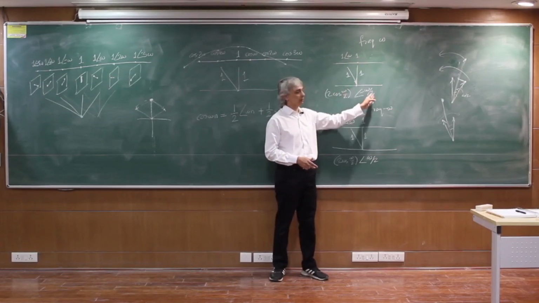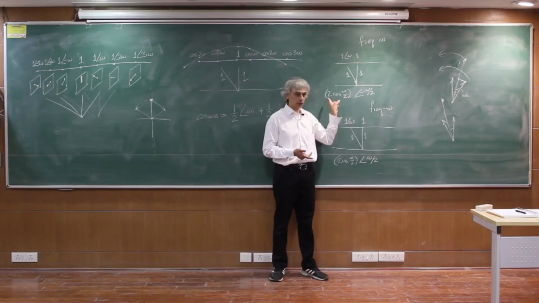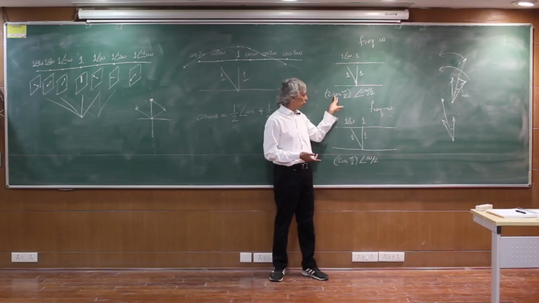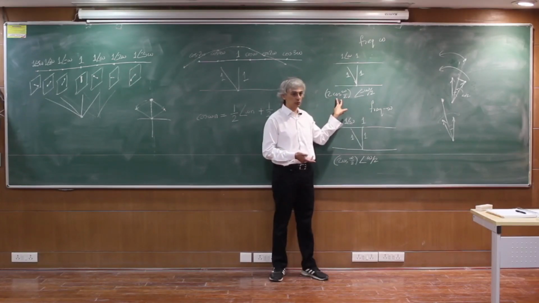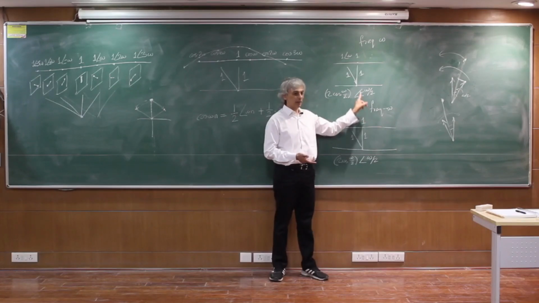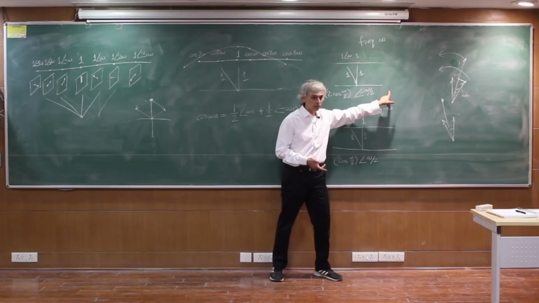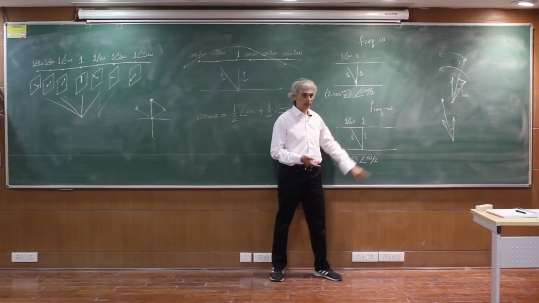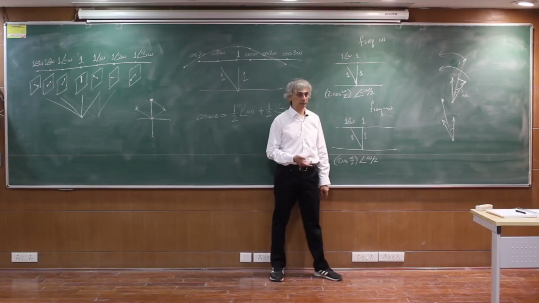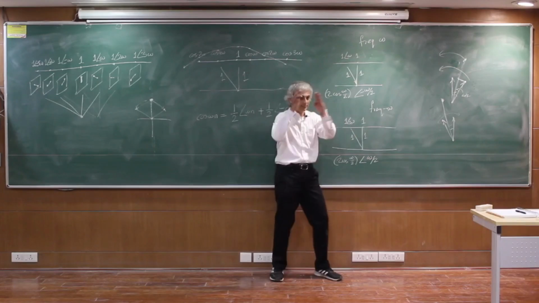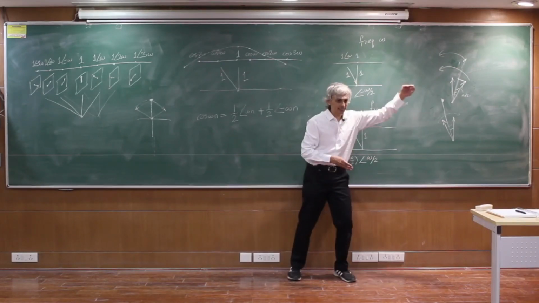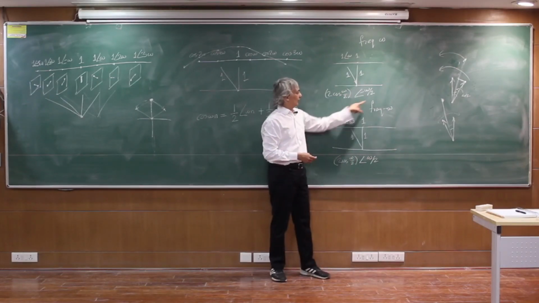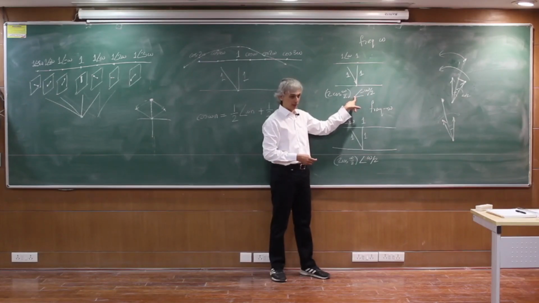So the corresponding output will be half of this output. So instead of 2 cos omega by 2, it will be cos omega by 2 angle minus omega by 2 plus omega n. Correct? Why plus omega n? As n increases. When writing it here, I have just written the initial phase and initial amplitude.